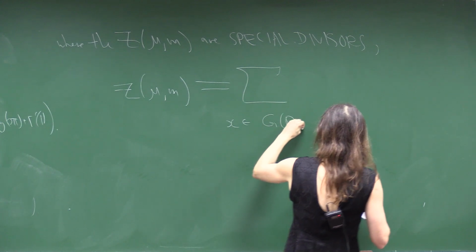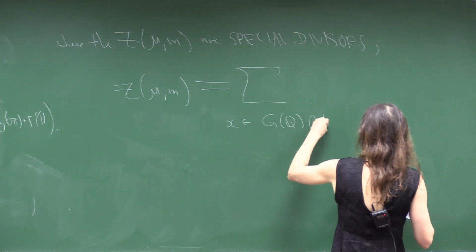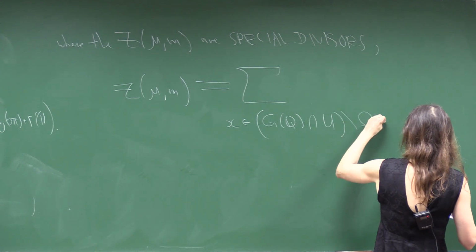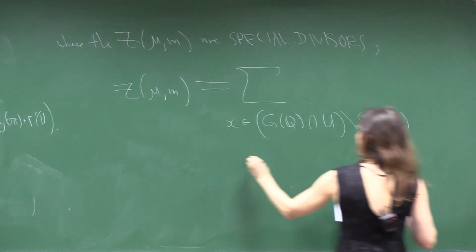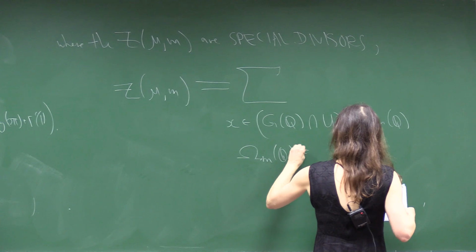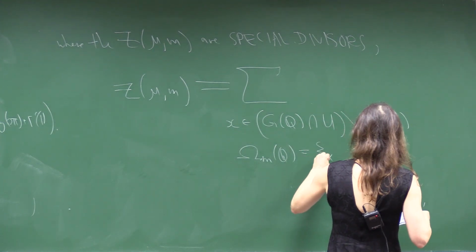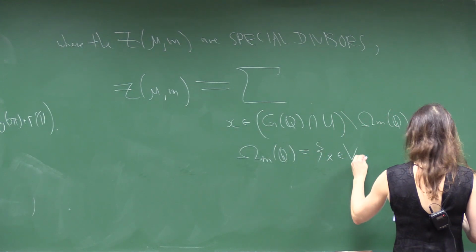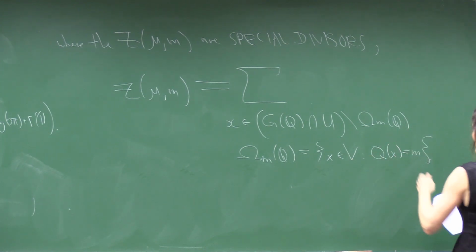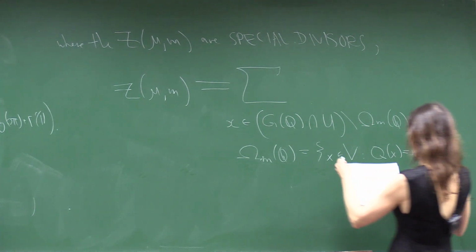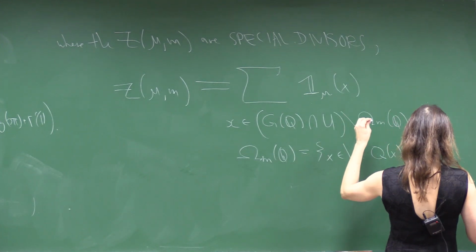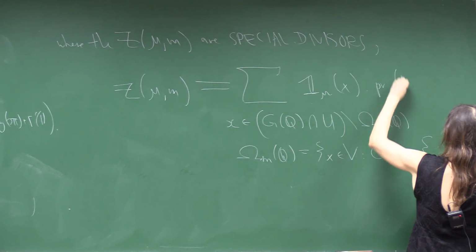So you've got the rational points intersect the level, minus the points that are coming from the points in the vector space that are represented by the quadratic form of these. You've got the characteristic function of mu times the projection of dx.